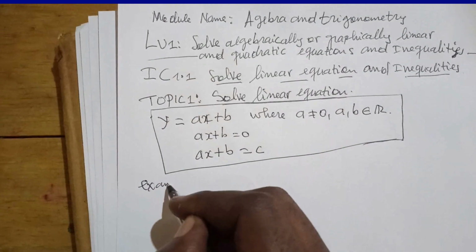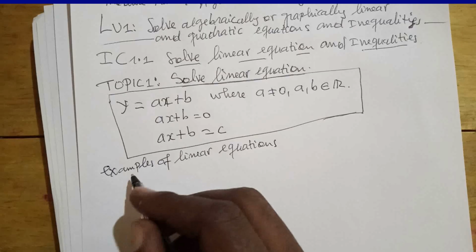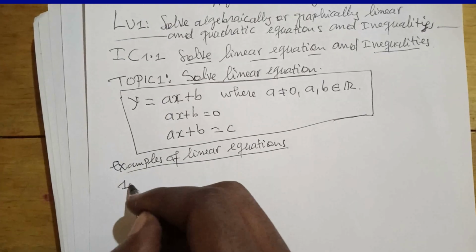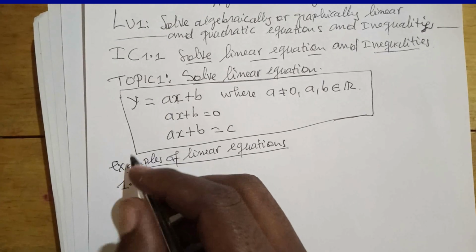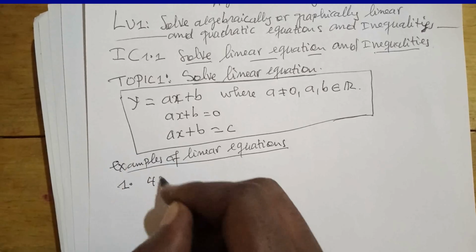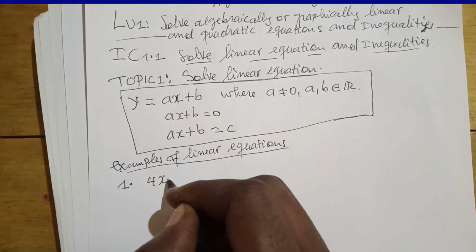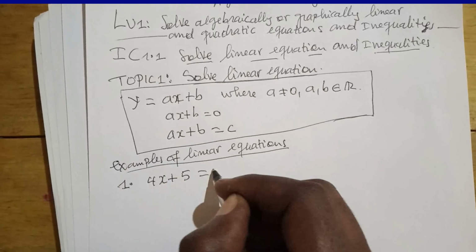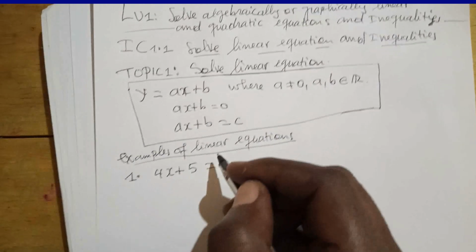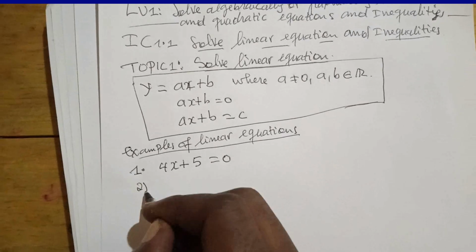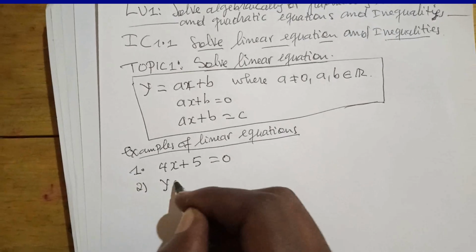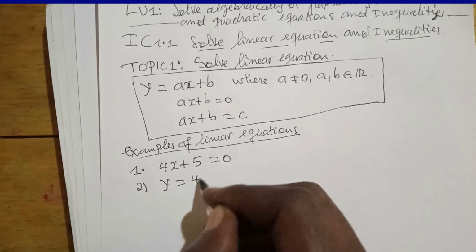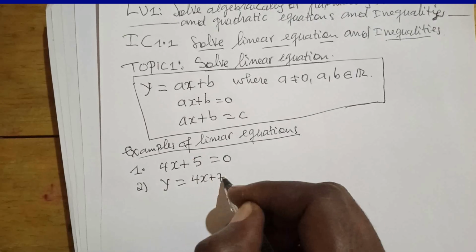Examples. Example number 1 is 4x plus 5 equals 0. This is the first example. The second one, we can have y equals 4x plus 7.